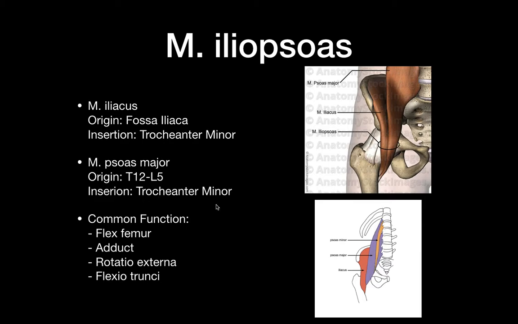The insertion of these two muscles is going to be trochanter minor, and the function of these muscles is to flex the femur, adduct it to the midline, and also rotate it externally. When these two muscles' fibers contract, the femur is going to go this direction. All right, it's also going to flex the trunk because the muscle is attached to the vertebrae.